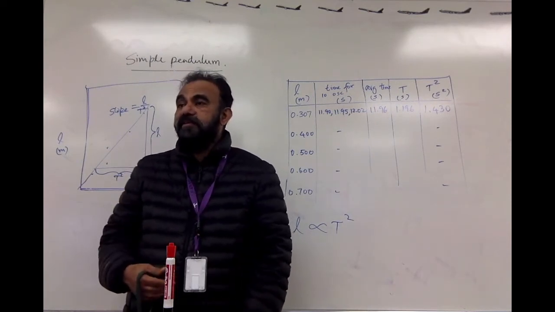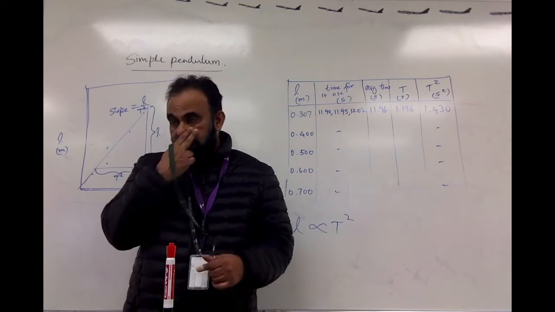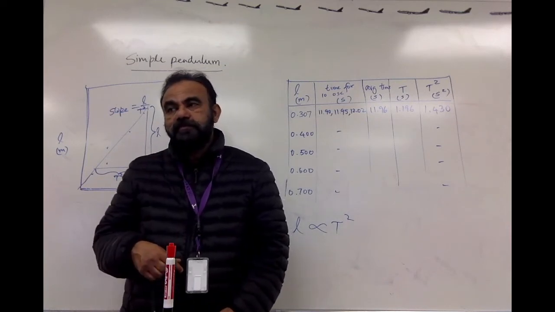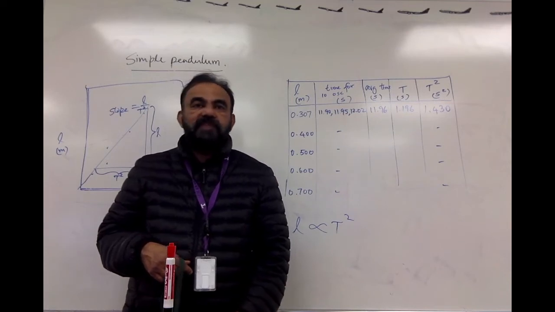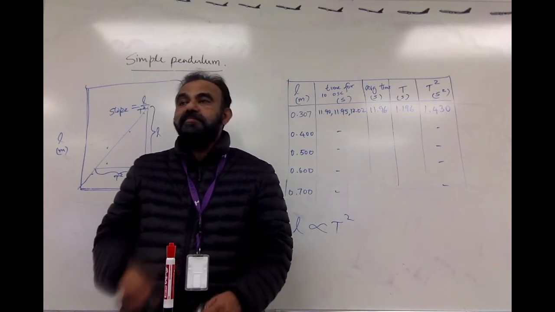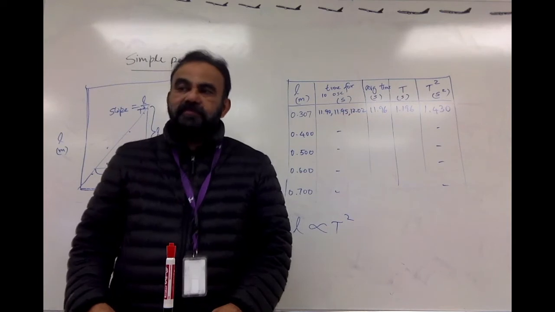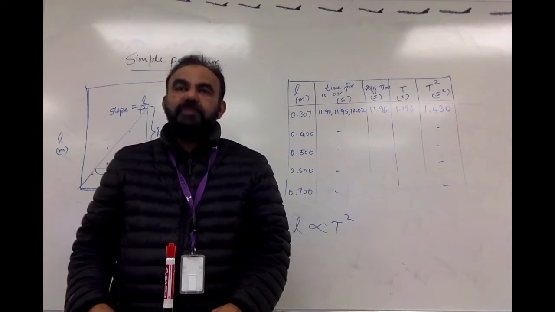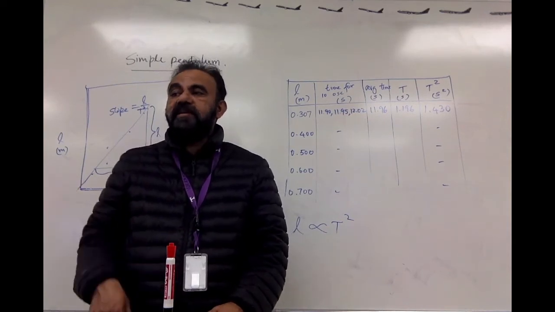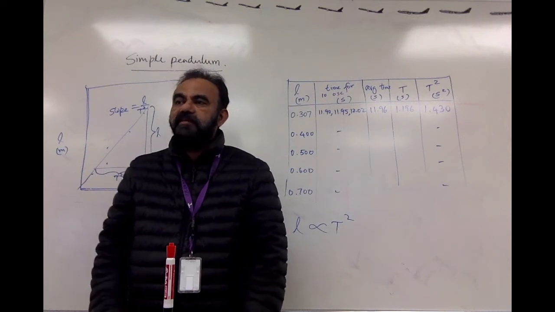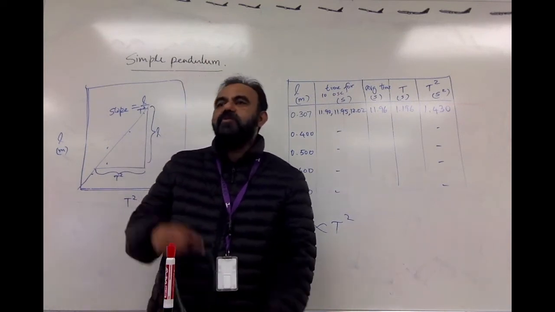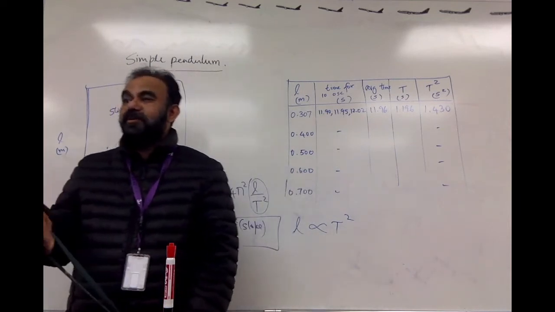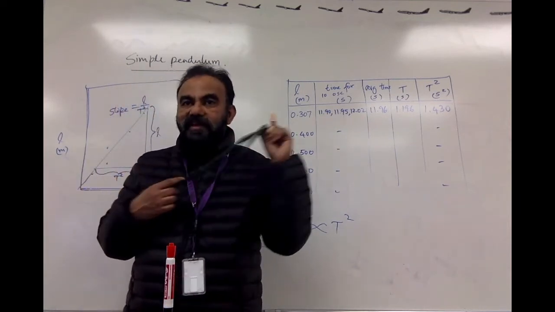How much is sine 5 degrees? 0.087, something. Now tan 5 degrees? Almost the same thing. That is why it's called small angle approximation, and that we are using in this derivation.